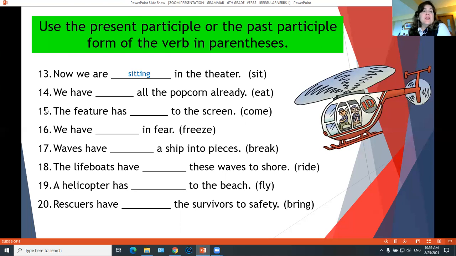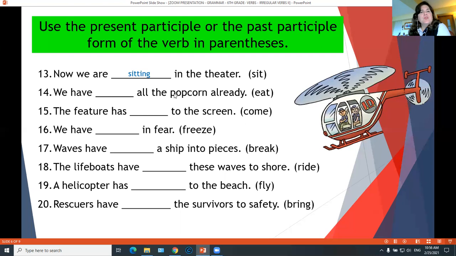Number 14. We have all the popcorn already. Here we have the verb have. If we have the verb have, we know that the verb that we need to change, the one in parentheses, needs to be in past participle, okay?